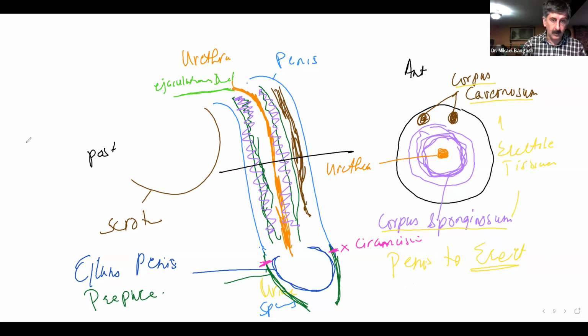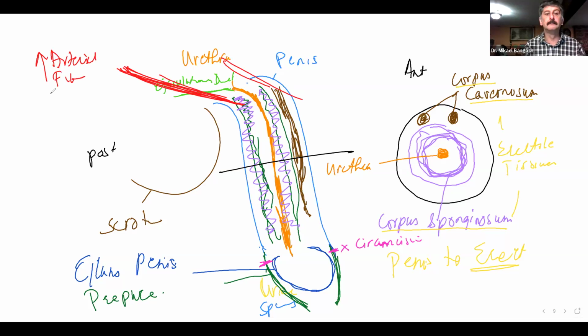And what happens to them, which causes the penis to get erect, is that there's going to be an increased blood supply. So the arterial flow is increased.